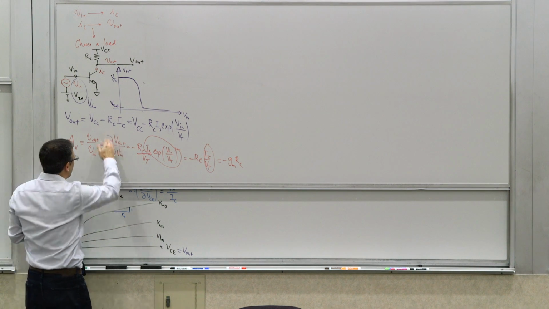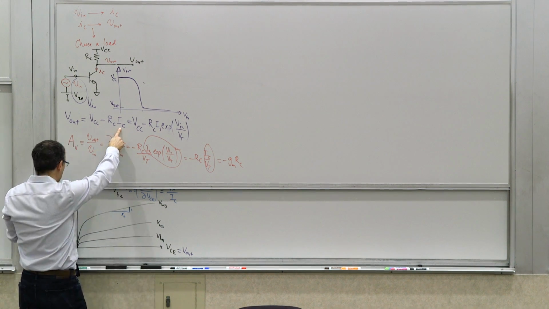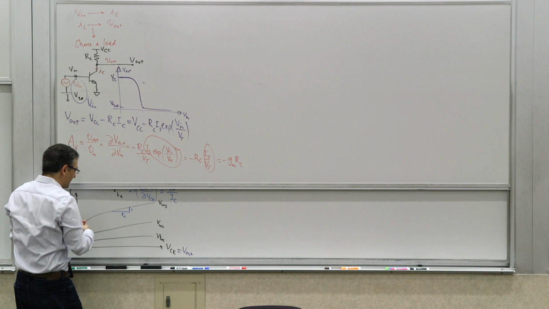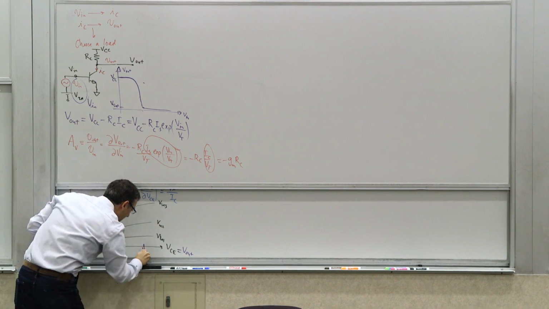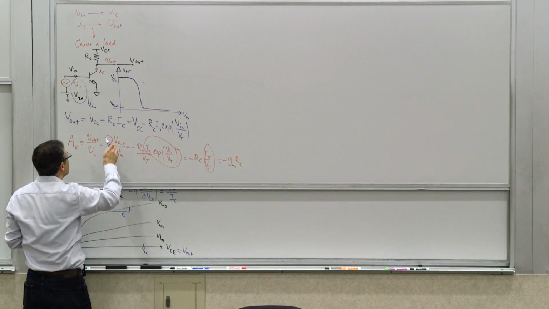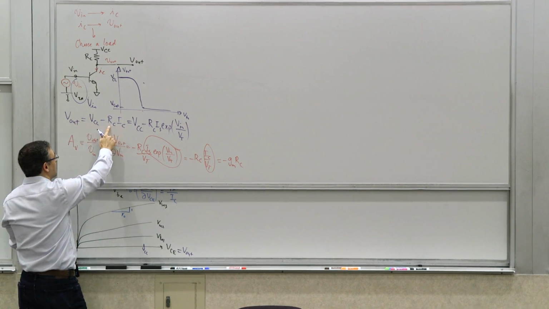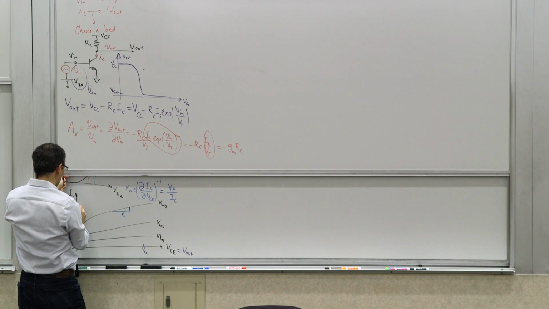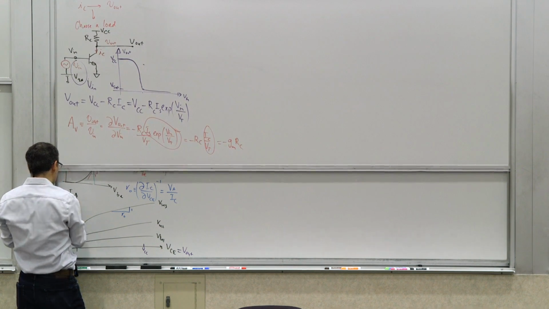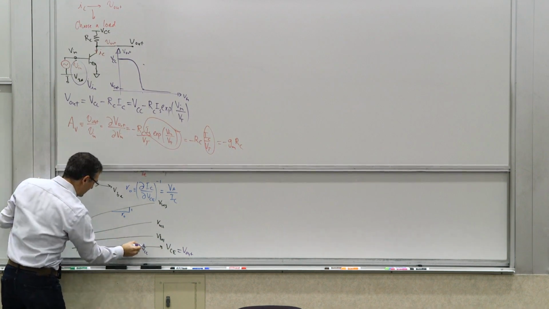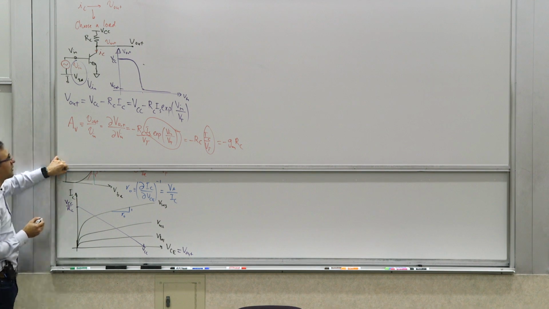Where is this line going through? Well, if you set IC to 0, V out is VCC. So one point on this line is VCC. If you set V out to 0, IC is going to be VCC over RC. So another point is VCC over RC. So it's a straight line connecting these 2 points.